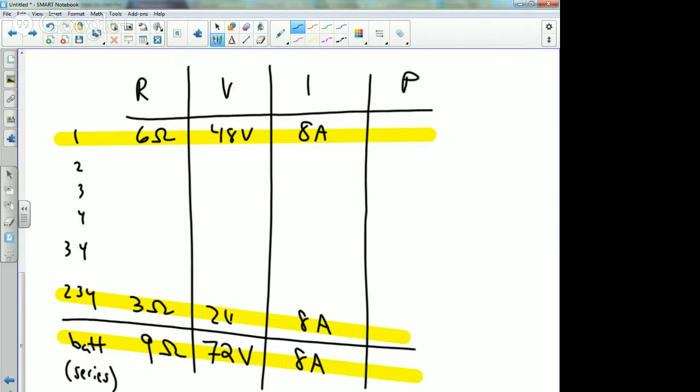This is 24 volts, and notice they add up. My total power for the first light bulb is 48 times 8, which is 384. Total power would be 72 times 8, which is 576.